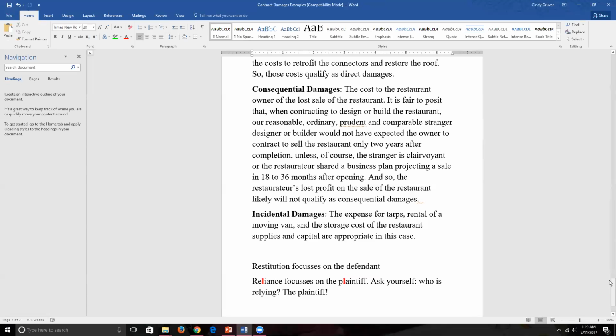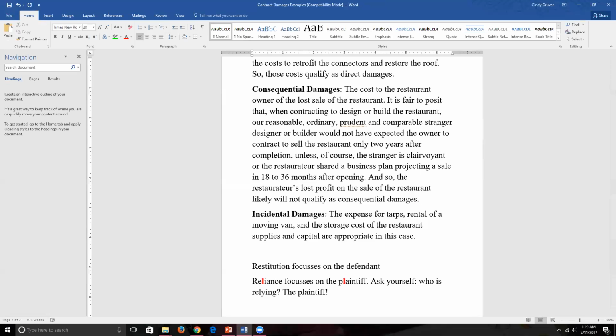Now, if the general contractor had known, at the time that the general contractor entered into the contract with Bob, that Bob was planning on flipping his restaurant building, say 12 or 18 to 24 months after he built it, then maybe it would have been foreseeable that he would have been in the business of selling the land, the building, and so it would have been foreseeable.